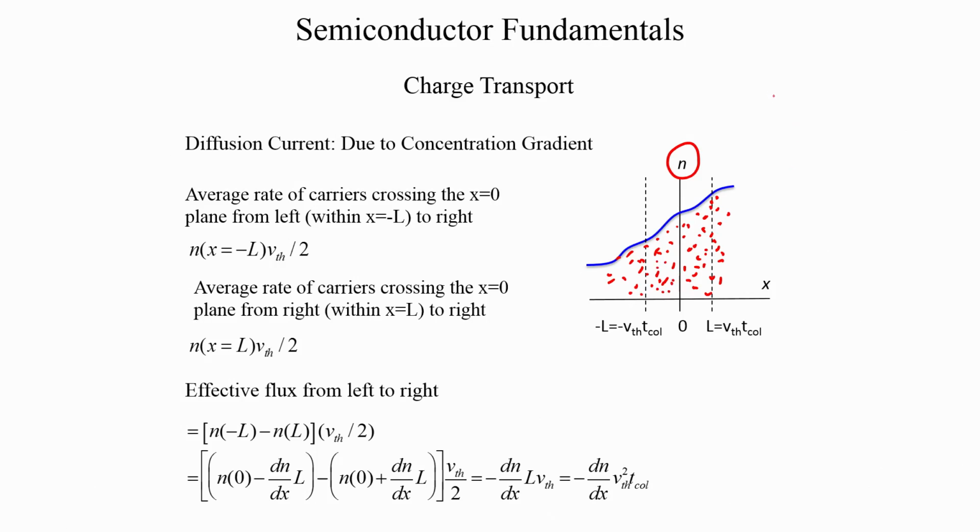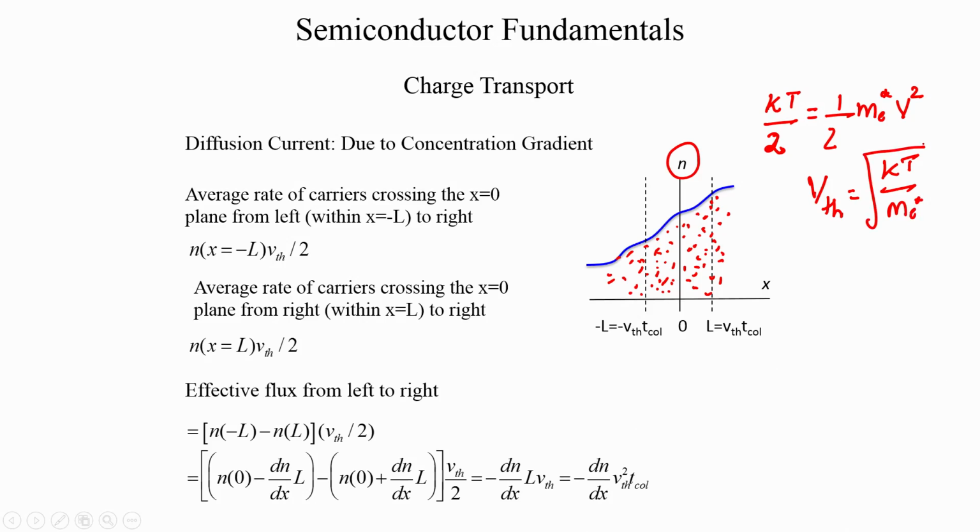And what is thermal velocity? In one dimension, your thermal energy is kT by 2. So kT by 2 is equal to half the effective mass of the electron times v squared, and your v is your thermal velocity, which is the square root of kT by m_e star.